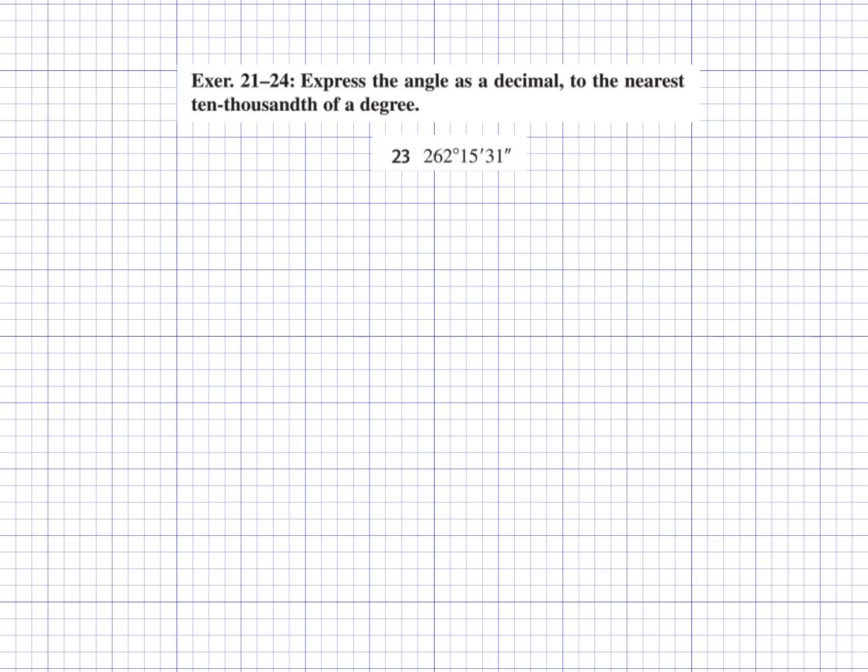All right, the next one now, we have the seconds here. So we got 262, and now 15 divided by 60. But then also, you got to take the 31 divided by 3600. Okay, so I'm going to split the screen and go from there. Okay, so the 15 divided by 60 is 1/4.